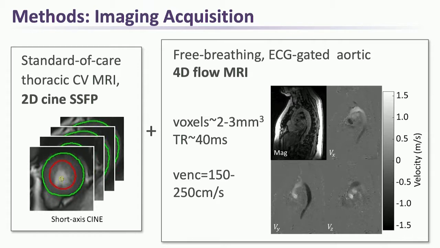Each subject received standard of care thoracic cardiovascular imaging, 2D Cine SSFP, short axis acquisition for LV function, as well as a free breathing ECG-gated aortic 4D flow MRI with typical acquisition parameters.